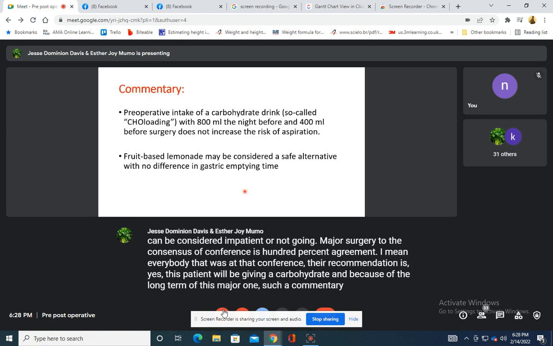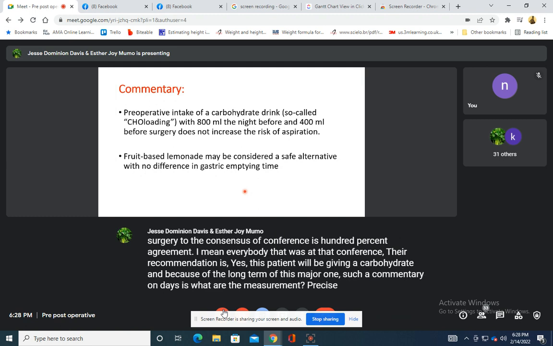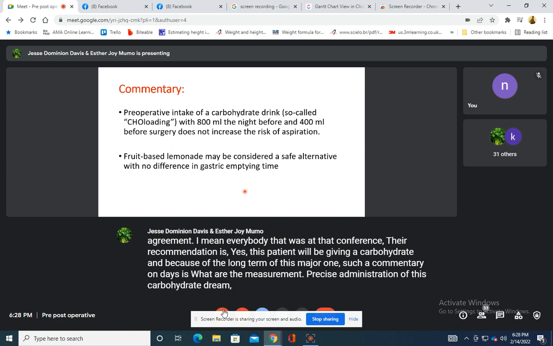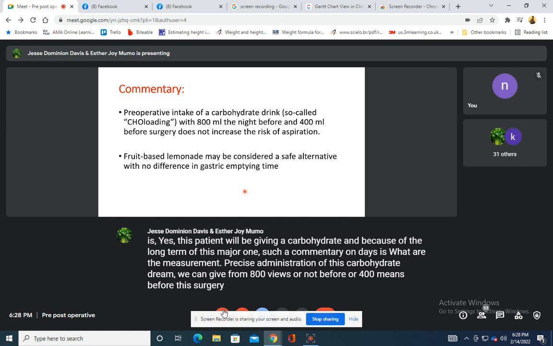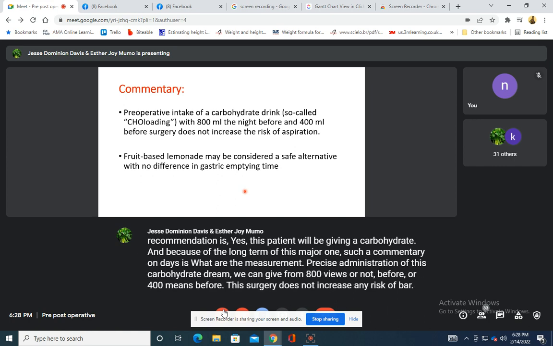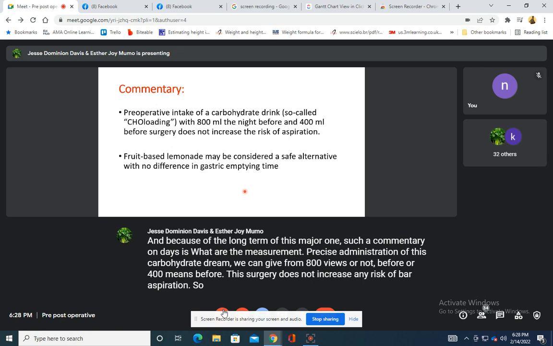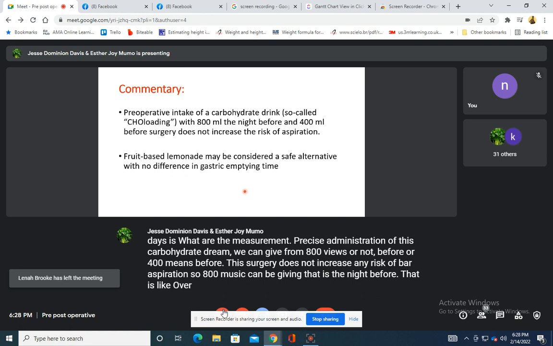Commentary on this is the measurement, the precise administration of this carbohydrate drink. It can be given as 800 mL the night before or 400 mL before the surgery. It does not increase any risk of aspiration. So 800 mL can be given the night before, that is, overnight where the patient was supposed to be fasting.